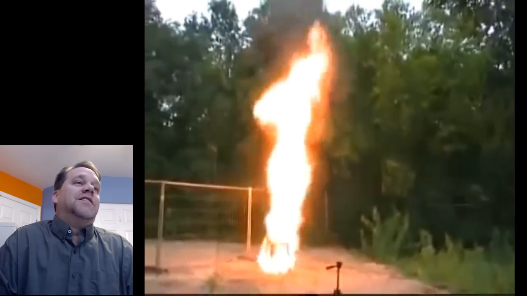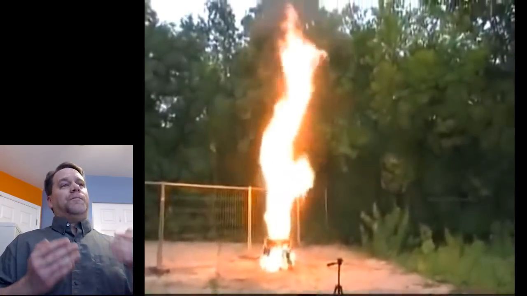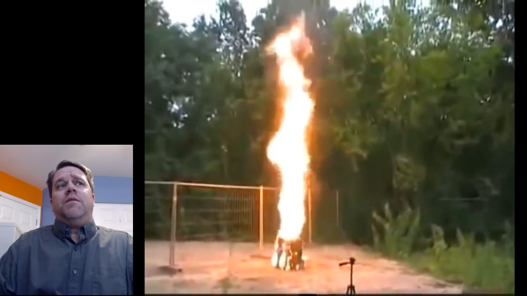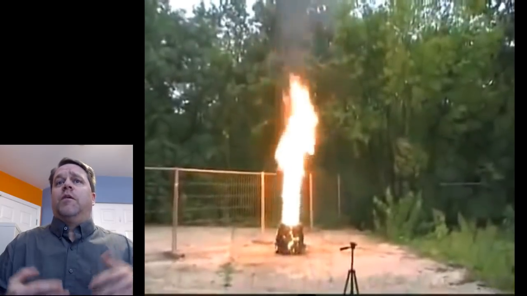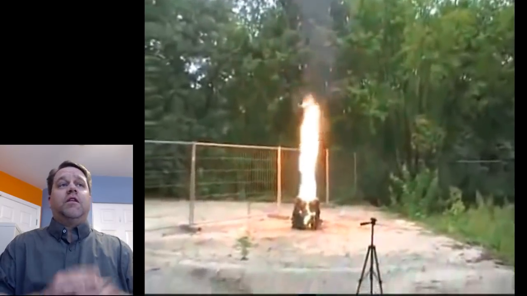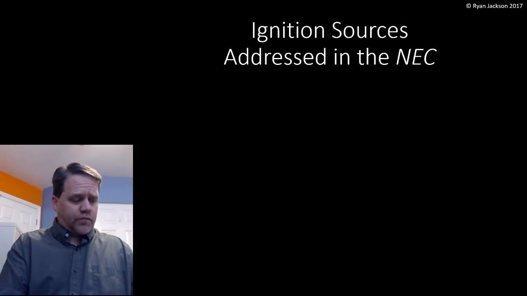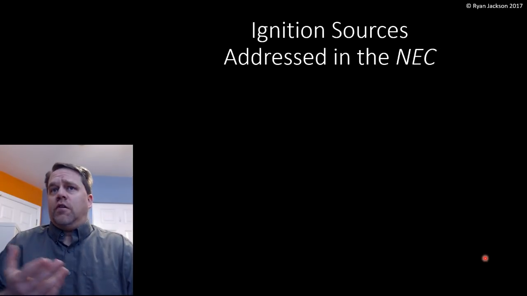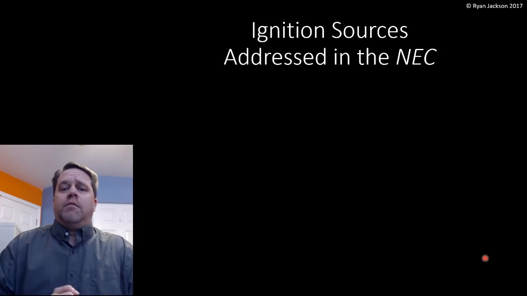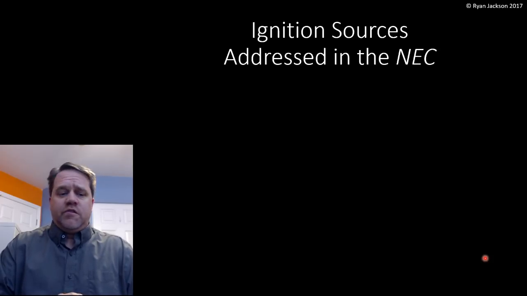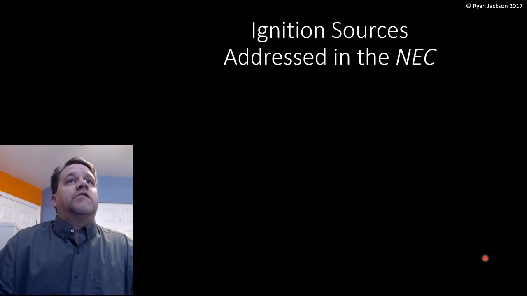Remember the end scene with the film. So, there you go. That would be a hazardous substance. We have special rules for that in the NEC because of the obvious risk associated with it. We also have rules for other fuel sources. Again, flammable or combustible liquid produced vapors, and combustible dusts, and easily ignitable fibers and flyings.